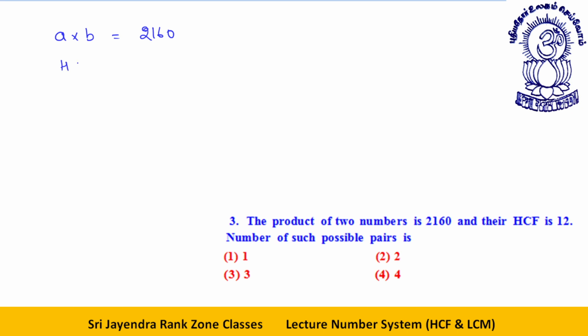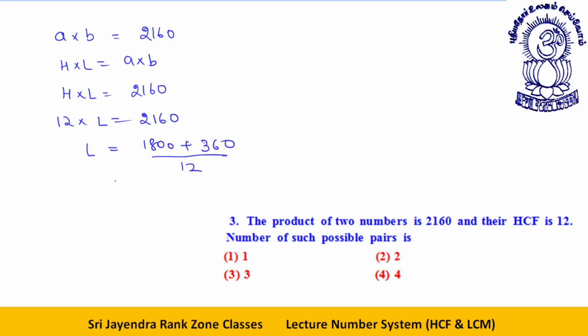I also know H into L is A into B. So if I say H into L is equal to 2160, their HCF is 12. 12 into L is equal to 2160, or I can say L is equal to (1800 plus 360) divided by 12. So I get L is equal to, if I cancel this I get 150, if I cancel this I get 30. So LCM is equal to 180.